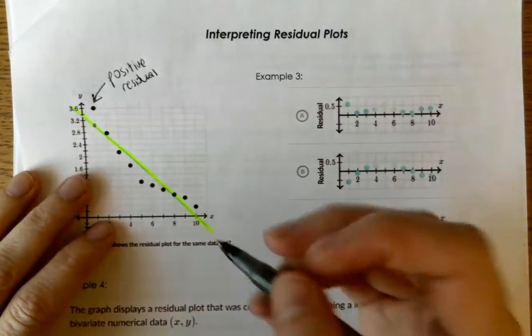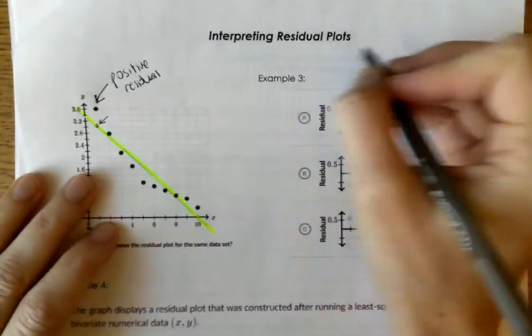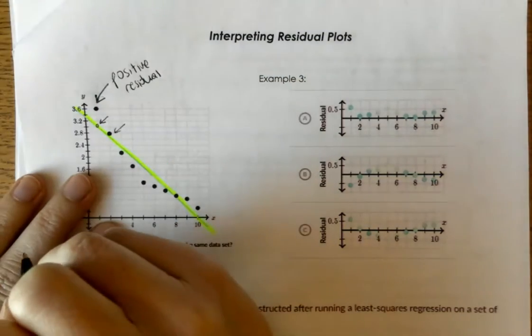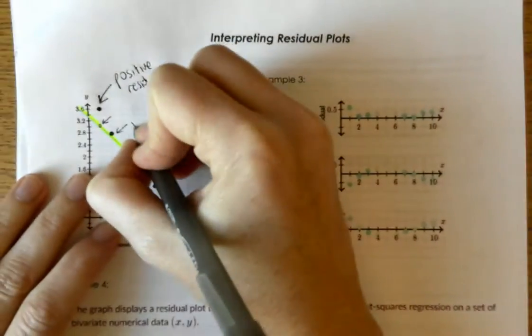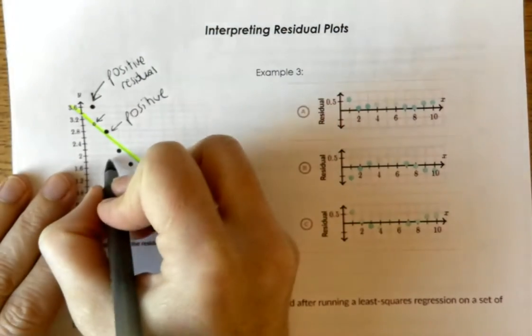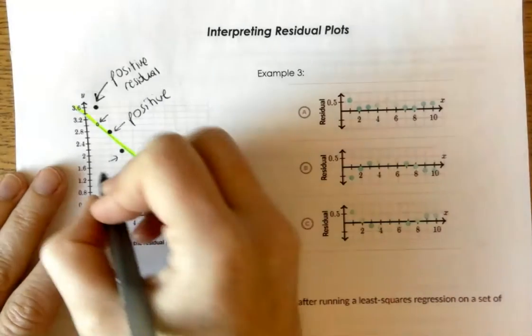All right. This one looks to be very close to right on the line. What about this one? Would this be a positive residual or a negative residual? Again, positive because our actual is larger. What about this one? Positive residual or negative?